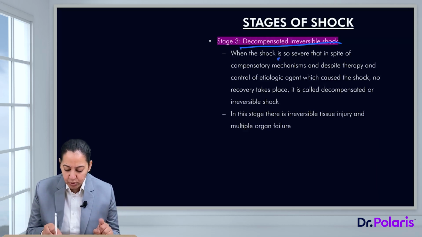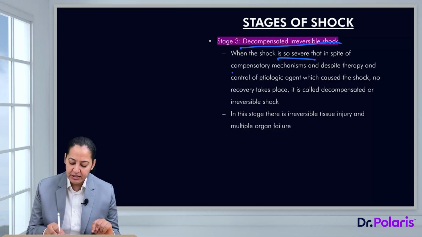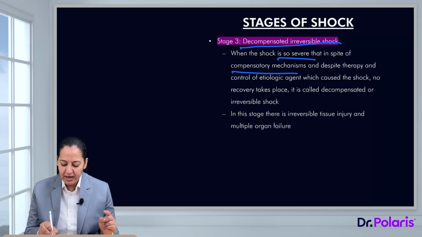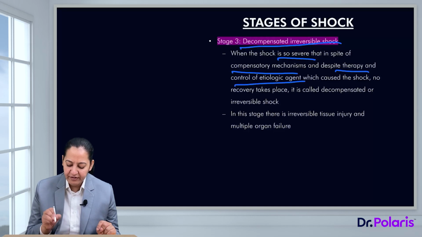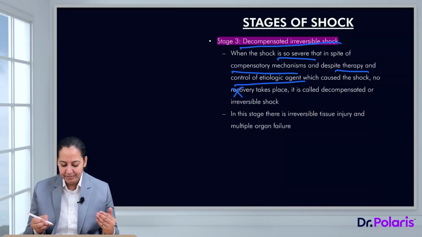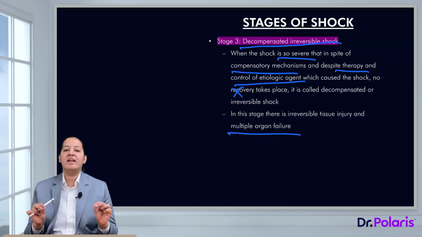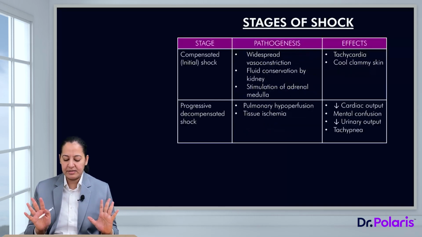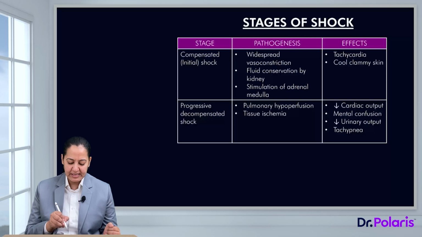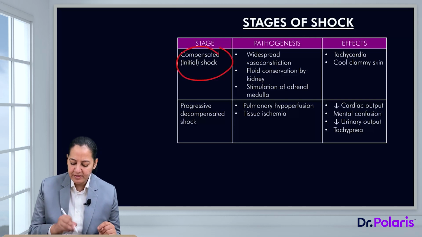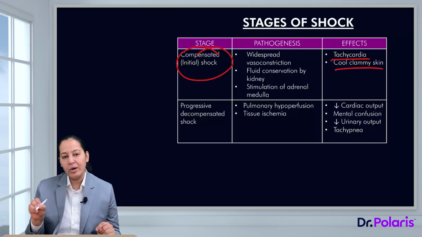When the shock is so severe that in spite of compensation, therapy and control of the etiological cause, still no recovery takes place, that is the irreversible decompensated stage. Here multiple organ failure ultimately takes place. So that is the third stage of shock. We can appreciate the three stages here. The first stage is the compensated stage, in which tachycardia and cool extremities are there.